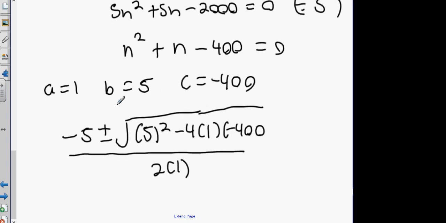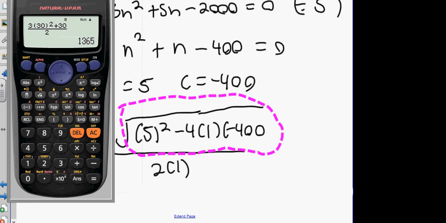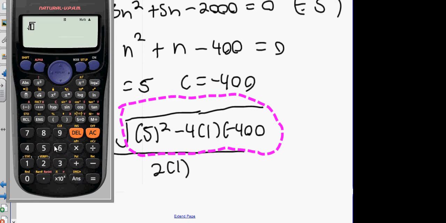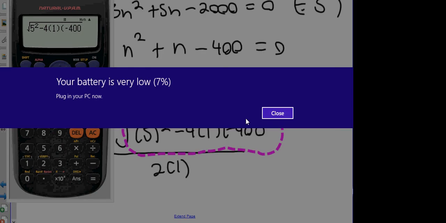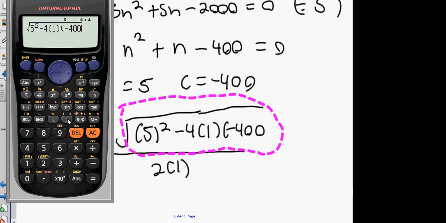Remember when you're doing these that it's this part here that gives the most trouble, so you're going to put that directly into the calculator. So what we get is square root of 5 squared minus 4 bracket 1 bracket minus 400. Okay, and we get, just put in decimals, 40.3.